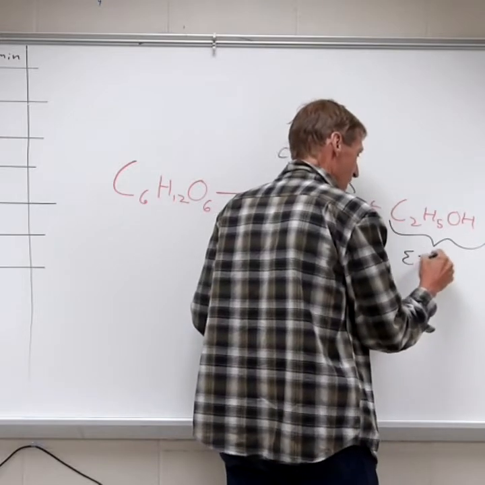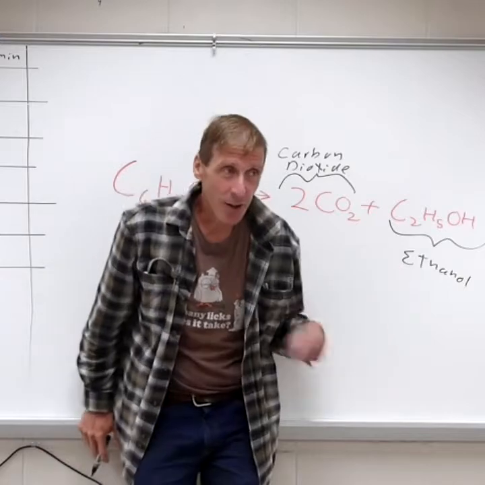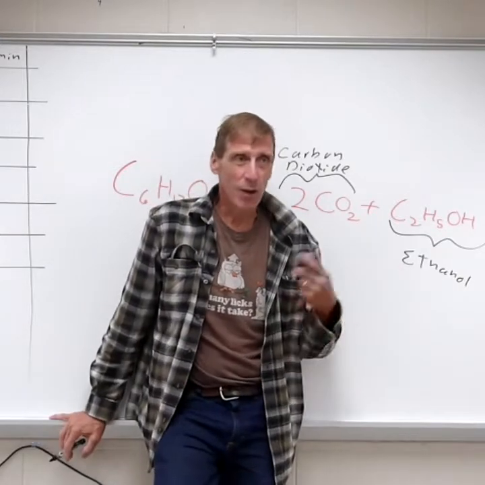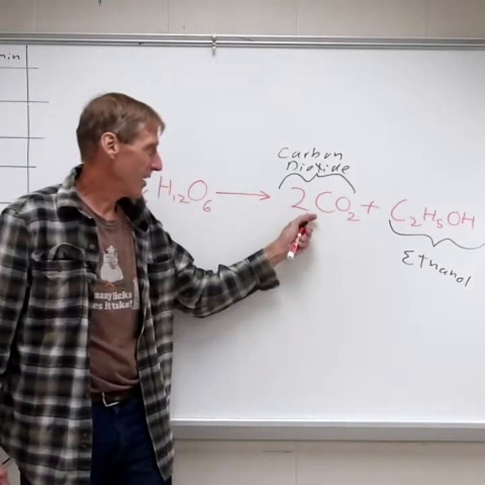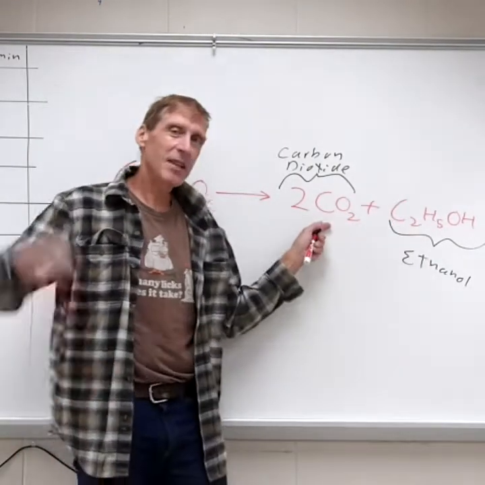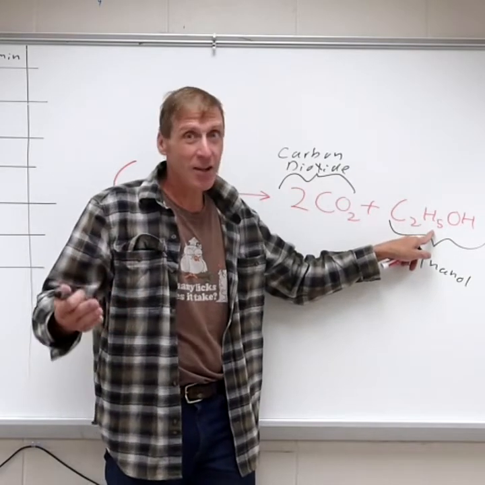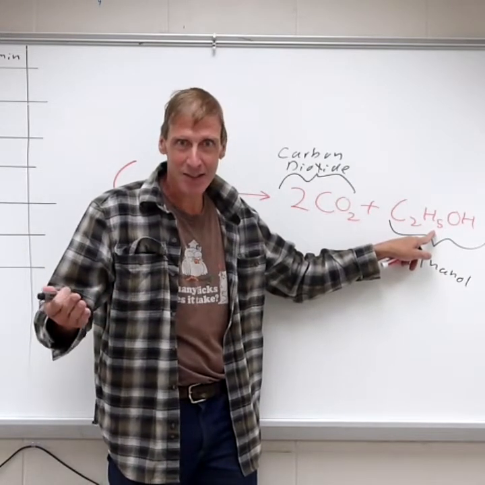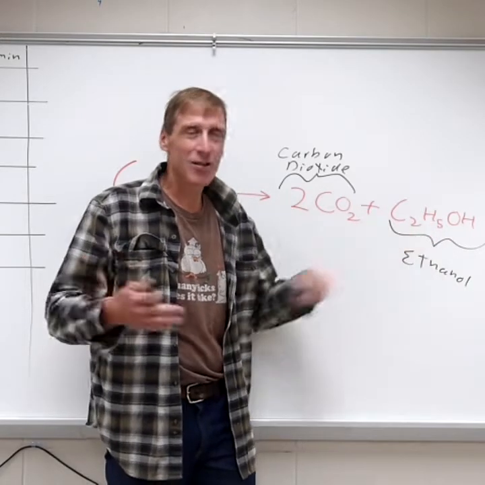This is ethanol. Now in fermentation, the ethanol is also a waste product. If you put these yeasts in a container, they'll break the sugar down, producing carbon dioxide and ethanol. Carbon dioxide will diffuse out into the atmosphere. The ethanol builds up in the solution. Eventually, ethanol is toxic. That's why we use it in hand sanitizers, for example. At about 12% or more, it starts to kill the yeast.